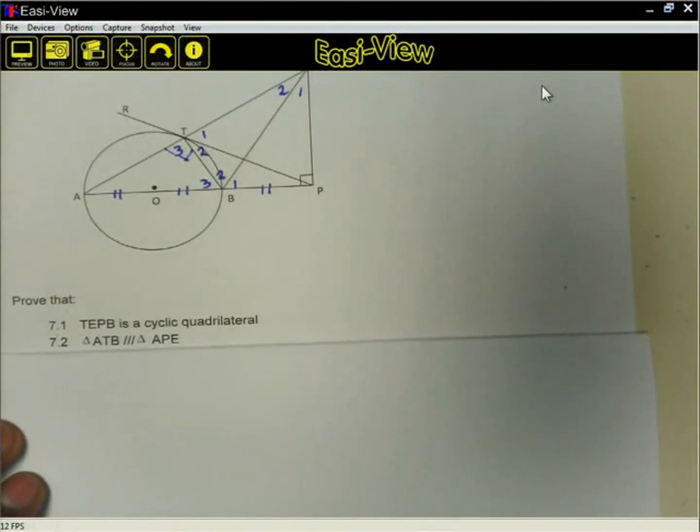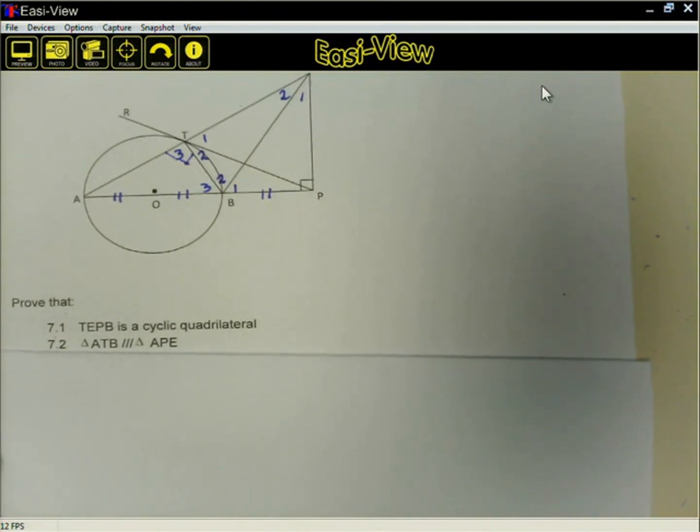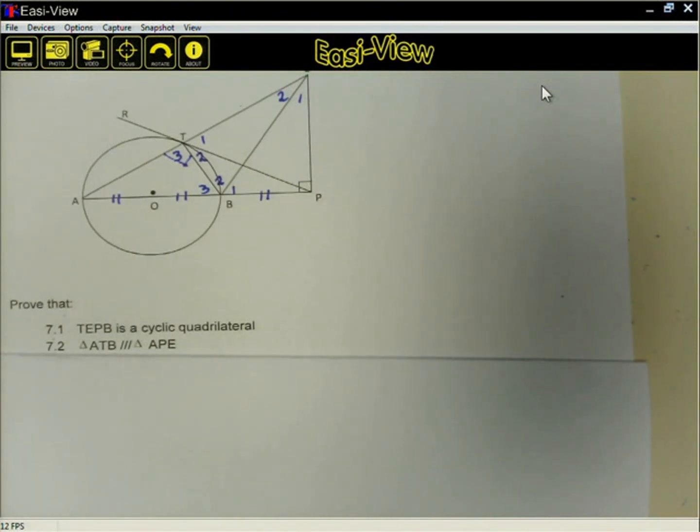Remember, to prove that two triangles are similar, you only need to prove two pairs of angles to be equal, because the remaining pair will definitely be equal. Angles of a triangle add up to 180 degrees.